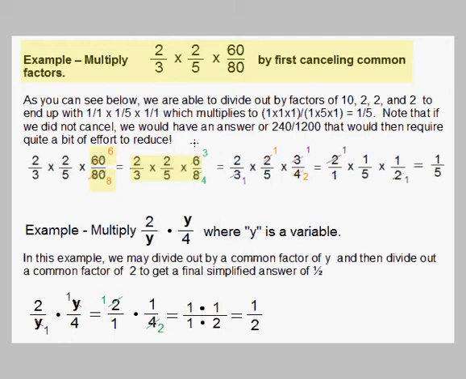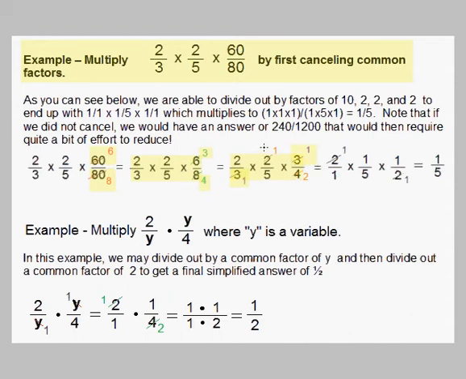We see that 6 and 8 both share a common factor of 2. 6 divided by 2 is 3. 8 divided by 2 is 4. And this gives us 2/3 times 2/5 times 3/4. Well, remember, we can cancel factors out of any numerator and any denominator. 3 and 3 both share a common factor of 3. 3 goes into 3 once. 3 goes into 3 once.